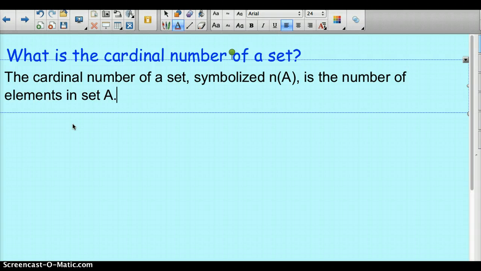Easy. So that's cardinality, the number of elements in a set. And you saw this notation, N of A, when we were talking about equivalent sets. It's the same idea. Number of elements is cardinality.